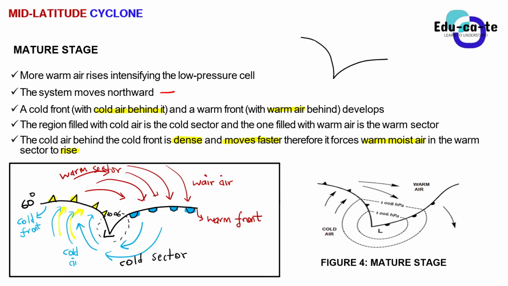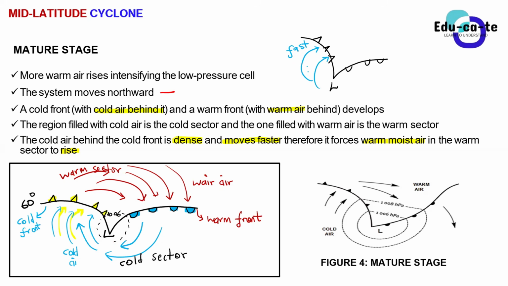All right, this is your cold front, right? And then this is your warm front. Cool. So behind the cold front, we have got cold, heavy air that is so dense and it is moving so fast. The speed of this air is so fast.